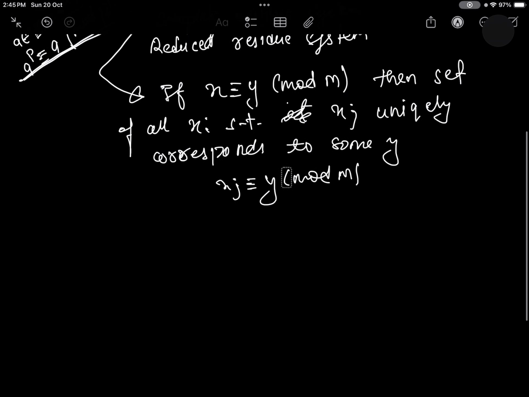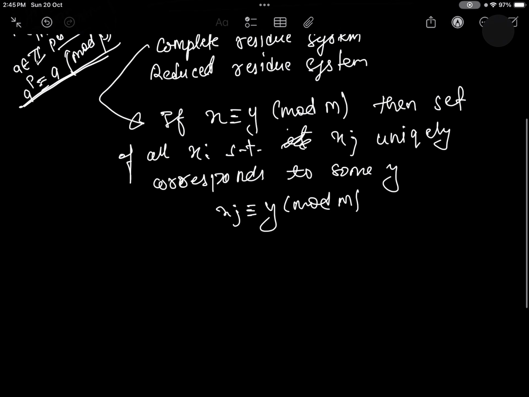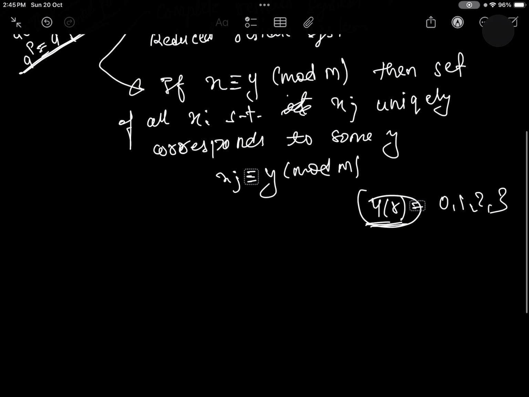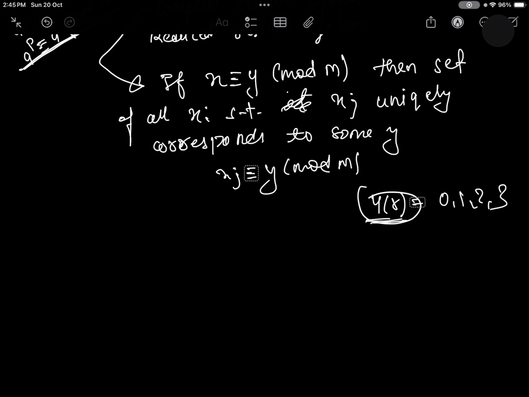Well, this is very theoretical, so let's just take a simple example. Suppose we are considering 4, so the possible remainders modulo 4 will be, this is not an official notation, we are using it for convenience, 0, 1, 2 and 3. So if we consider a set such that all the numbers in the set uniquely correspond to each of these numbers, then we call it a complete residue system modulo 4.